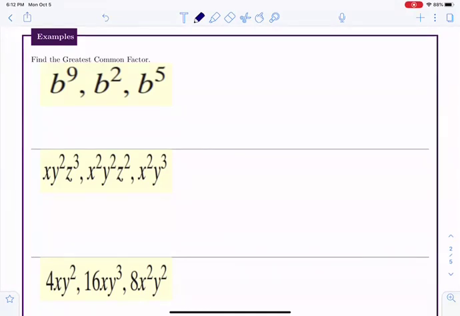Now, previously, when we had a number, we simply tried to write the bigger number in terms of the smaller number so that we can find a common factor. Here, we're going to look at the exponents, and we are going to try and write the bigger exponent in terms of the smaller exponent for each of the terms that we see, or each of the monomials that we see. So the smallest here is b squared.